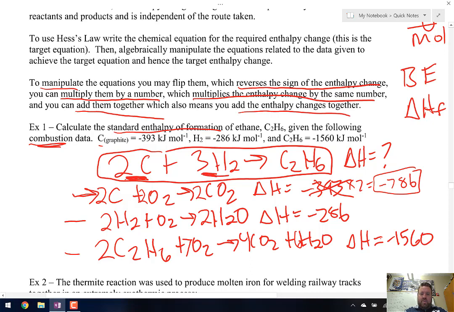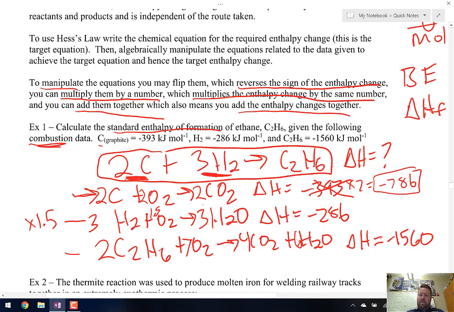Then we need 3 hydrogen molecules, again as a reactant, and we have 2 right here. We need 3, so we're going to multiply this whole thing by 1.5. That's going to make 3 here. 1.5 times 1 is 1.5 O2s. And that makes, instead of 2 H2Os, 3 H2Os.